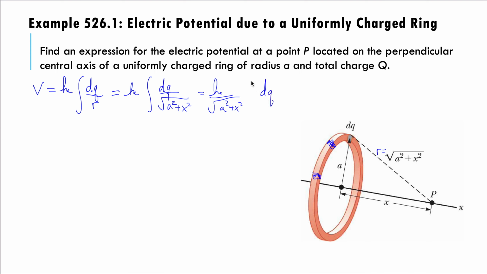When we solved this problem looking for the electric field, what we did, to really get used to the steps, is we figured out that we're going to want to write dq in terms of lambda dl, and then we said dl is going to be r, which in this case is a, d phi, where we defined phi as an angle, the angle subtending that arc, if I'm saying that word correctly.